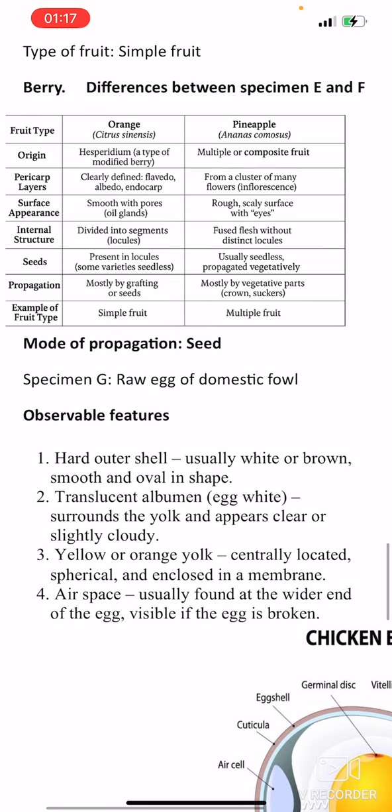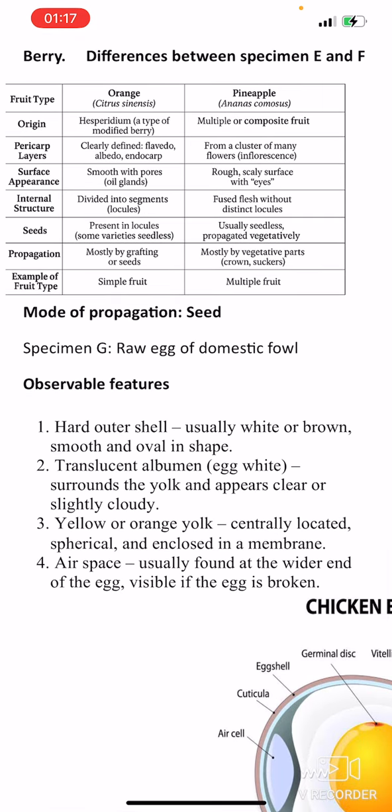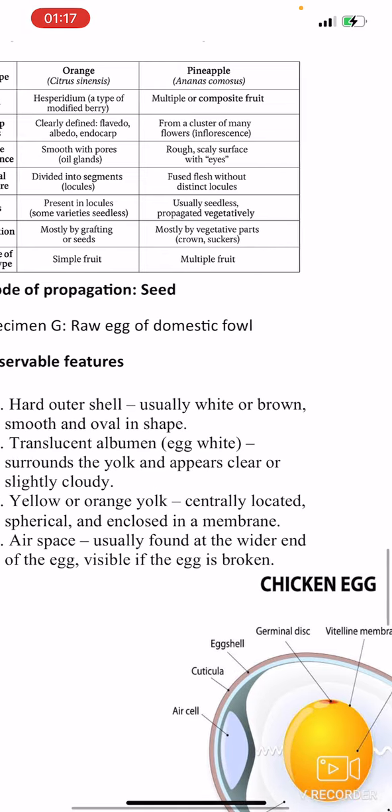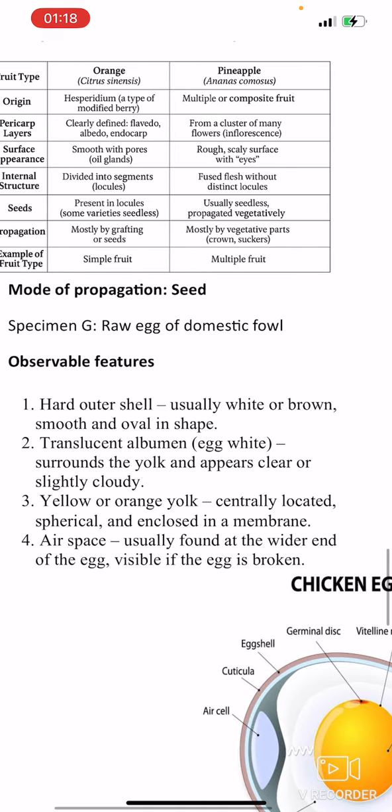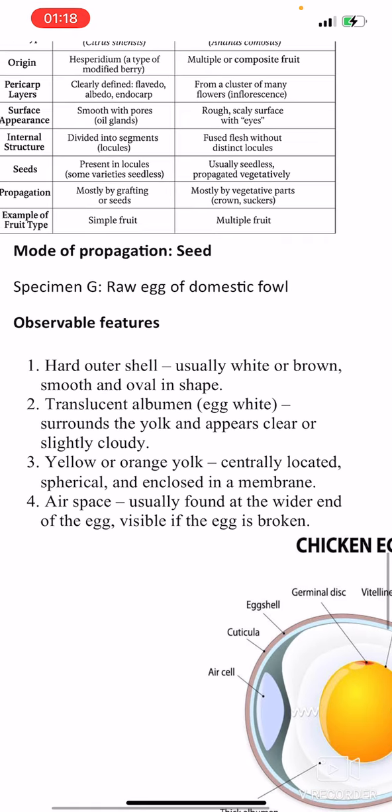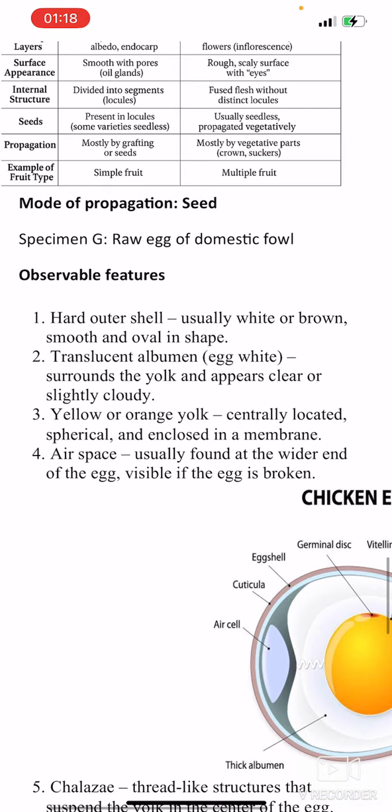So now let's move to specimen G. Specimen G is the raw egg of domestic fowl. So these are some of the observable features of specimen G. They have a hard outer shell. They have a translucent albumen. They have a yellow or orange yolk and also an air space.